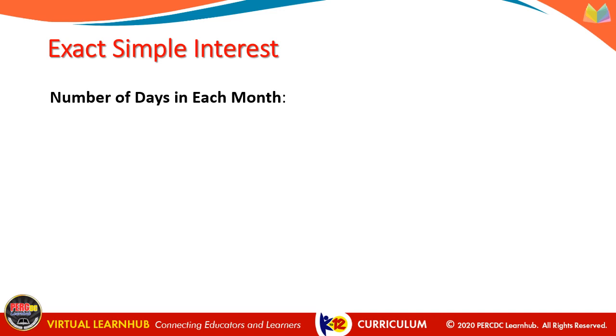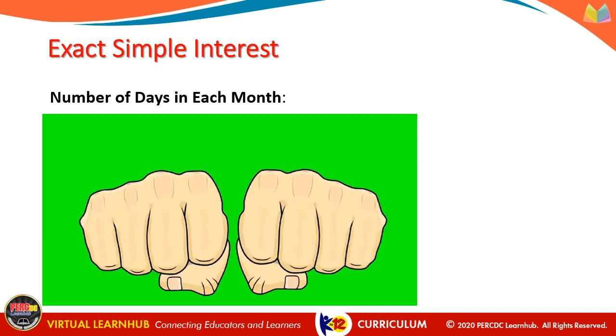Now, how can we remember the number of days in each month? Because it is quite confusing for some to remember which month has 31 days and which month has 30 days, right? Here is a technique that we can use for us to easily remember the number of days in each month. Close your fists and take a look at your knuckles.